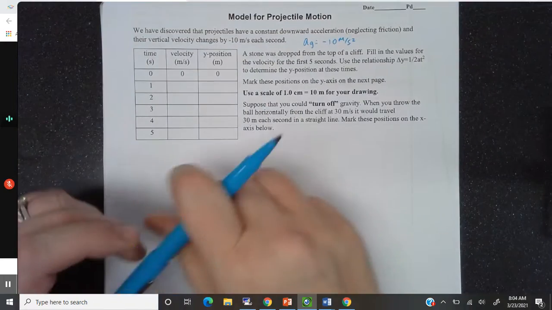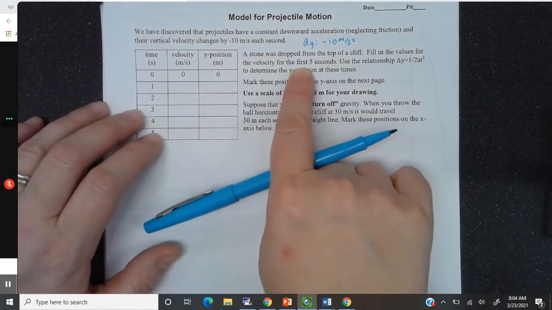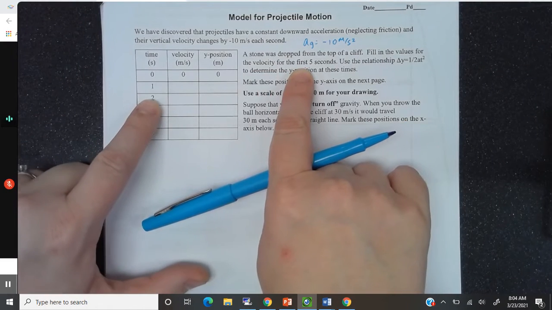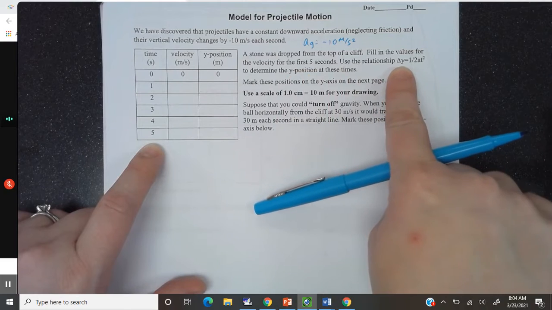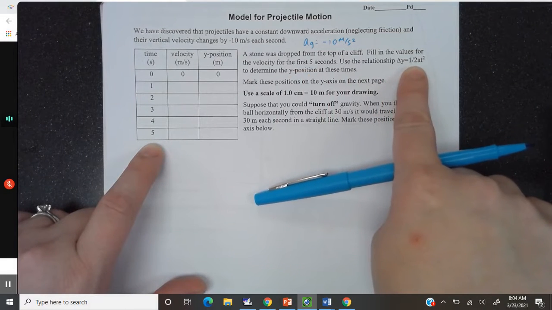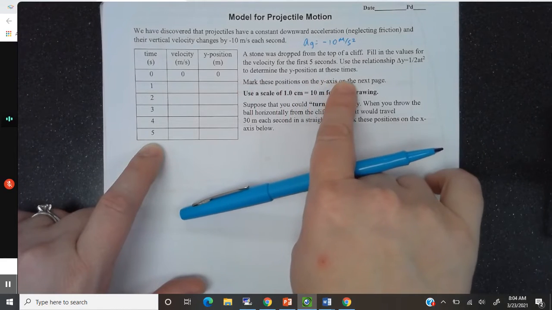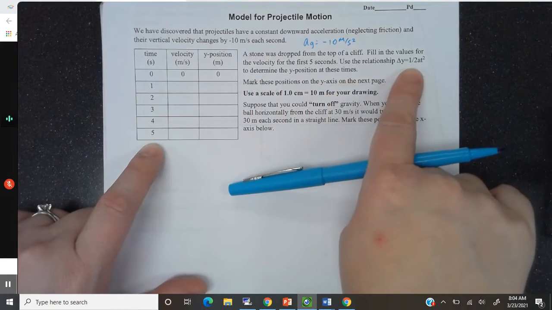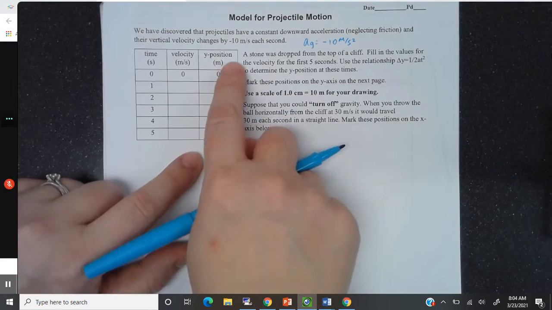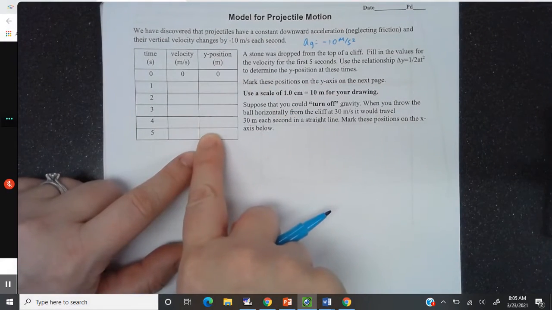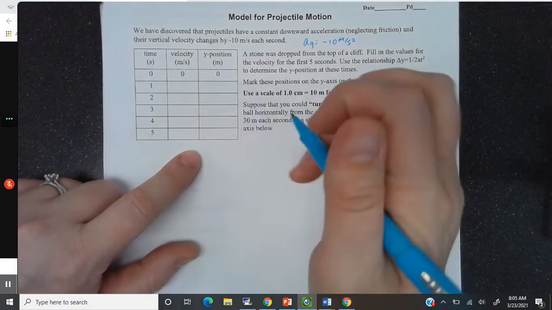Then it says, a stone was dropped from the top of a cliff. Fill in the values for the velocity for the first 5 seconds. So it starts with 0 and then goes through 5 seconds of time. Use the relationship, the change in vertical position equals 1/2 times acceleration times time squared, to determine the y position at these times. And so you can simplify this a little bit further.